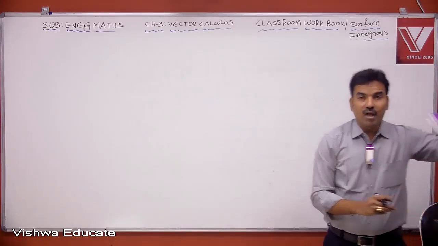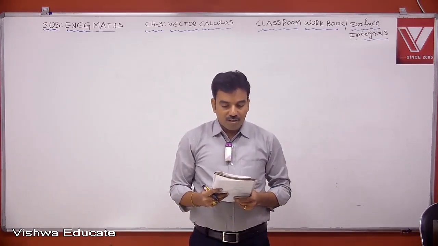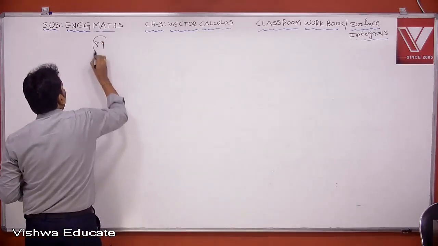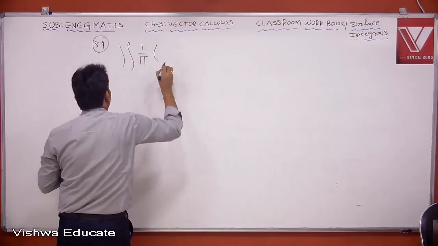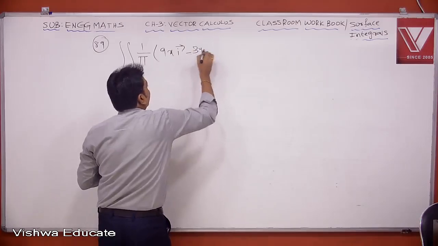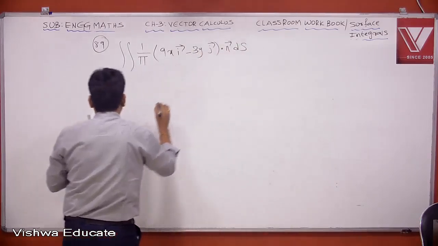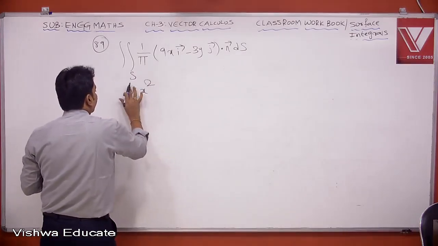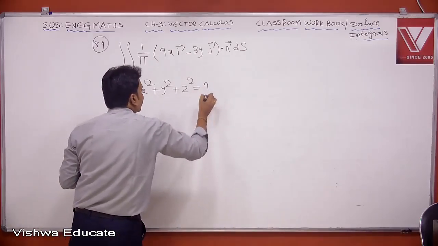Now let us start classroom workbook based on Gauss divergence theorem. Let us start with question number 89. The surface integral double integral 1 by pi into 9x i bar minus 3y k bar dot n bar dS over the sphere S given by x square plus y square plus z square equal to 9 is blank.